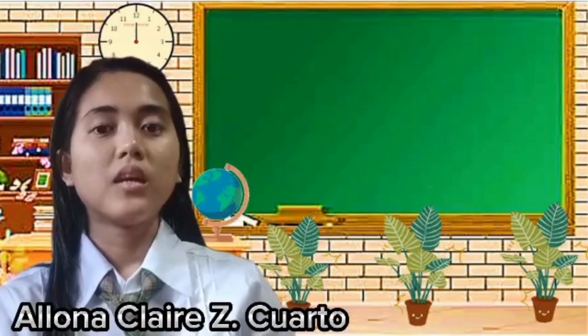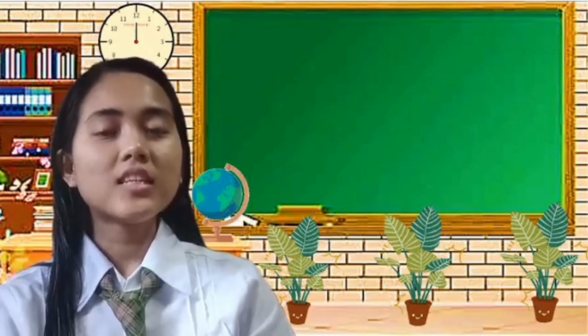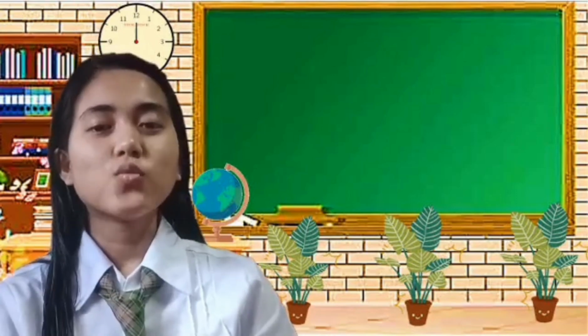To begin this lesson, let us first guess what is in the picture. What do you see in the picture? I will give you 5 seconds to guess. I think that is 5 seconds.